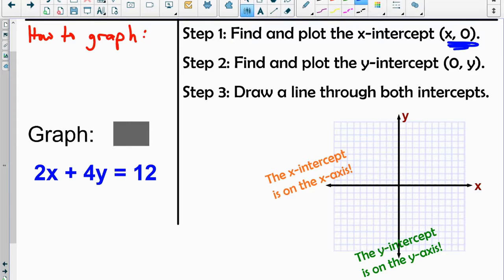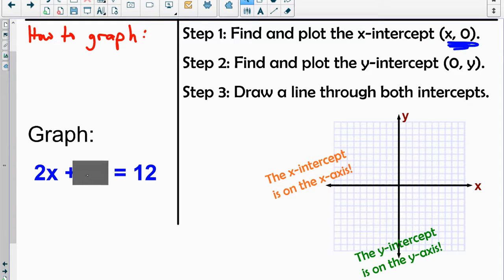So what we can do is think about, well, what if this y was 0? Well, 4 times 0 is just 0, essentially canceling that out. So we use this thing called the cover-up method. I have this rectangular box, but you could really use the end of your pencil, your pinky, or tear off a little sheet of paper.